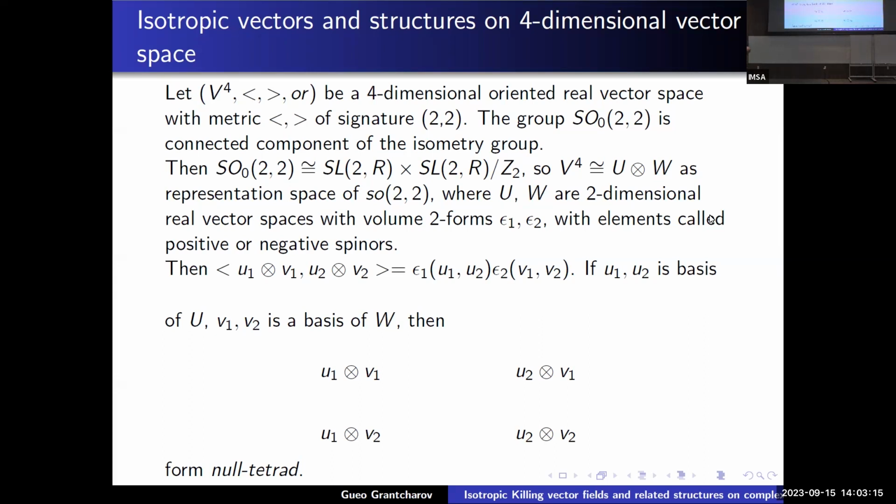And the group of isometries which preserve the orientation, this SO(2,2) is not even connected, unlike SO(4). So there is a specific connected component. And for this connected component, we have something reasonably similar to the decomposition of SO(4).